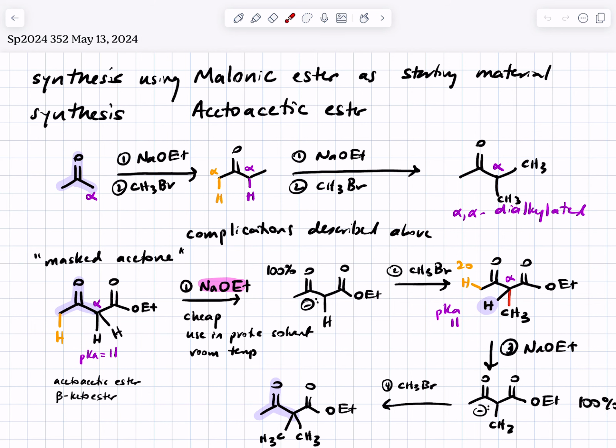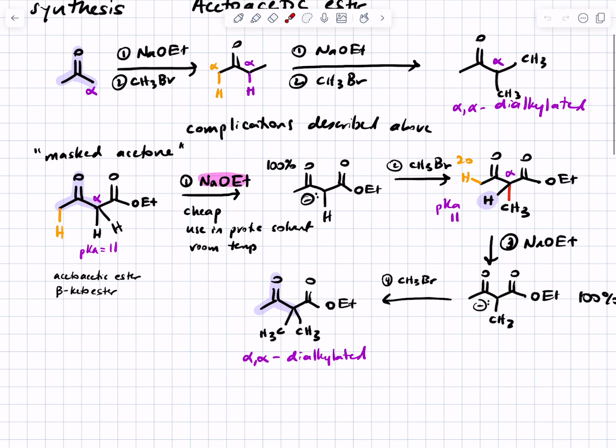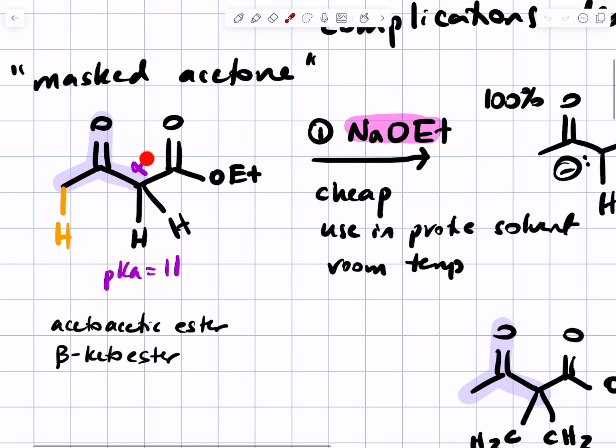So your text presents a workaround, and we talked about this. I showed you this beta keto ester, which has particularly acidic purple alpha protons, so acidic that even our weak and cheap base sodium ethoxide can remove the alpha proton to make the enolate at 100% yield.